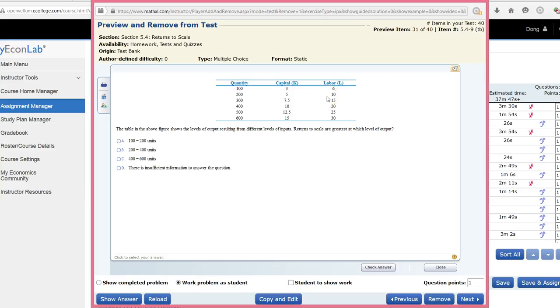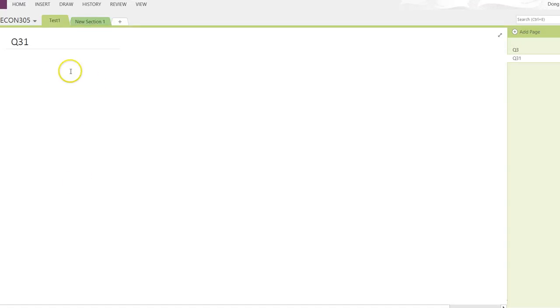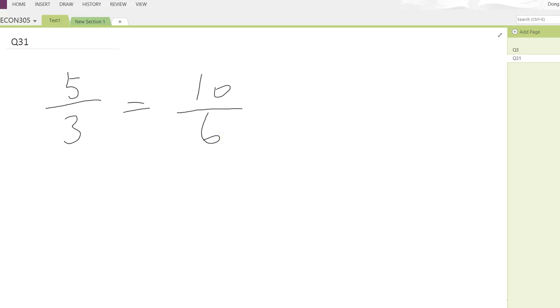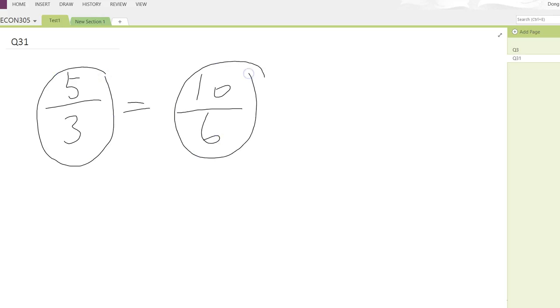So let's do a simple calculation. 5/3, which is actually equal to 10/6, right? The first one is the increase in capital, and the second one is the increase in labor.